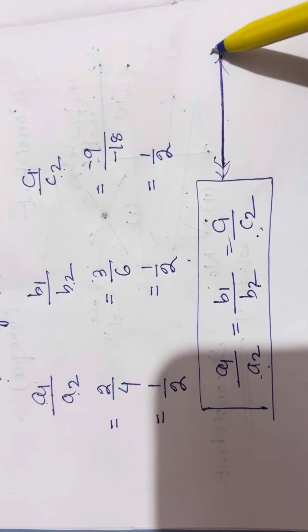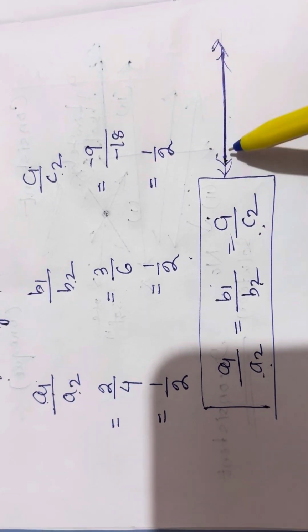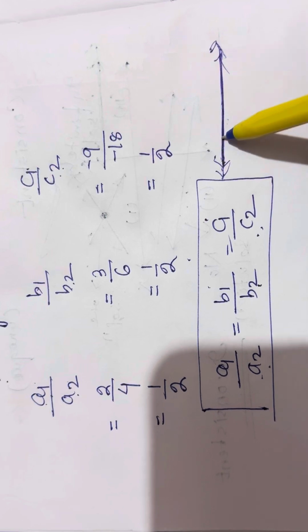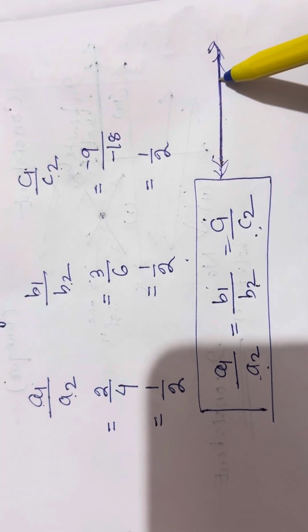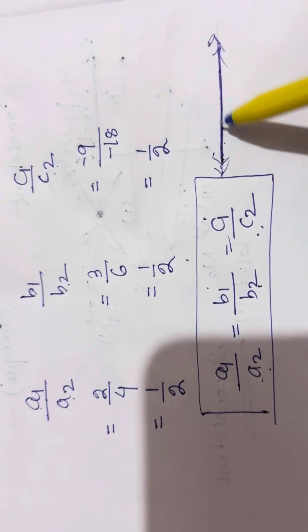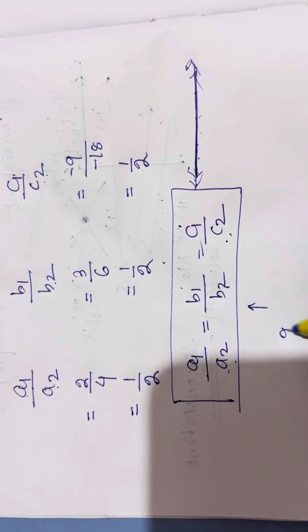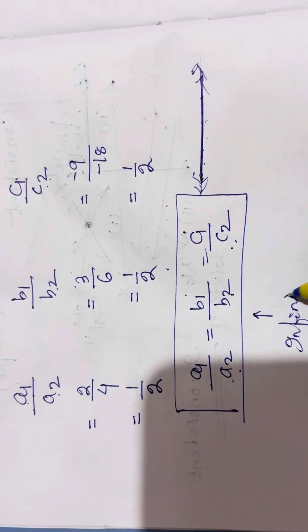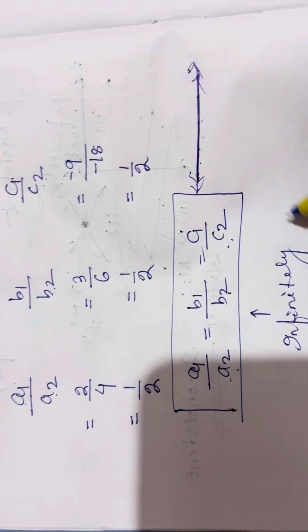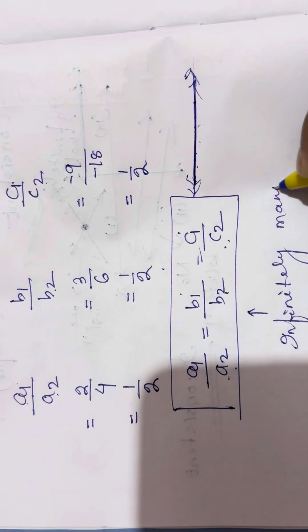The lines move infinitely in both ways, so at each and every point they meet each other, so every point is a solution. Hence in this case they will be having infinitely many solutions.